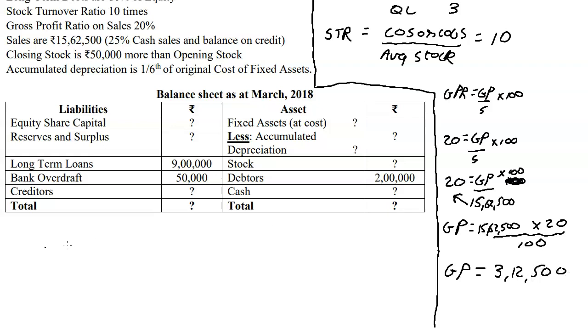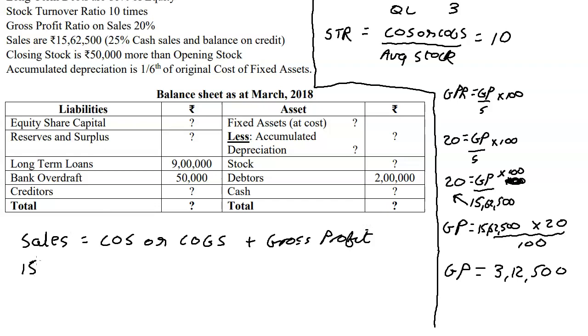3,12,500. Also remember that sales is equal to cost of sales or cost of goods sold, again depending on the words in the question, plus gross profit. So I know that the sales is 15,62,500.